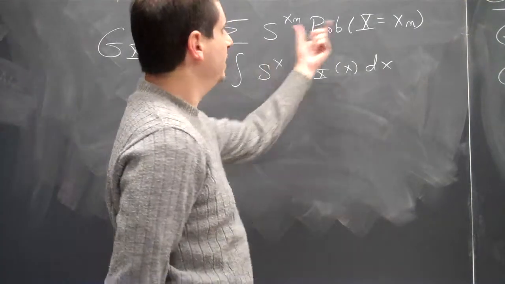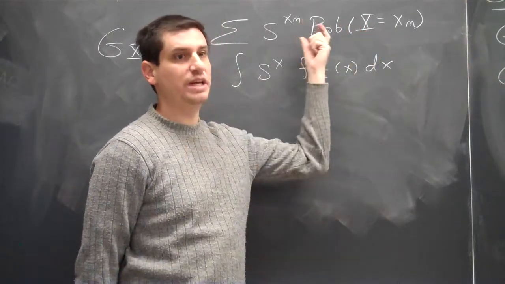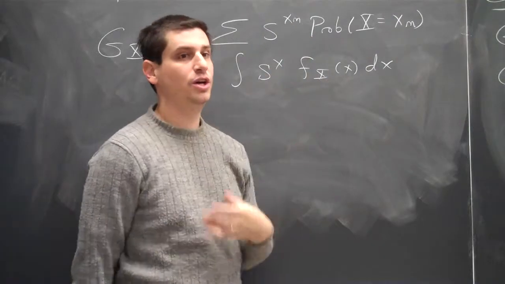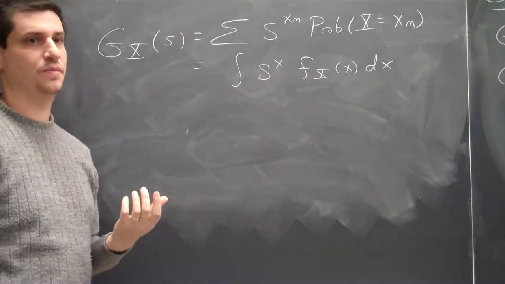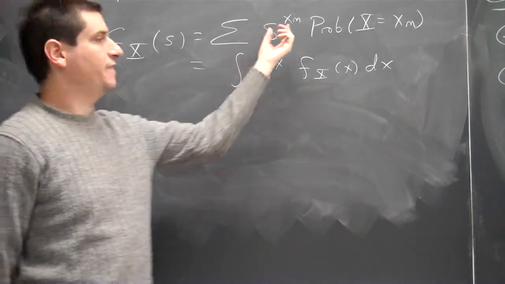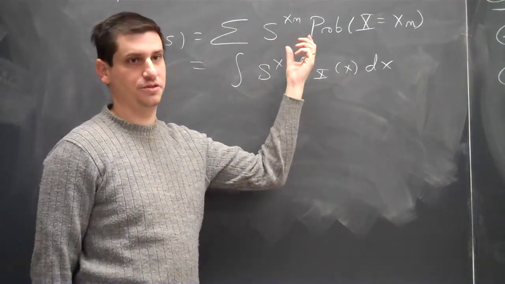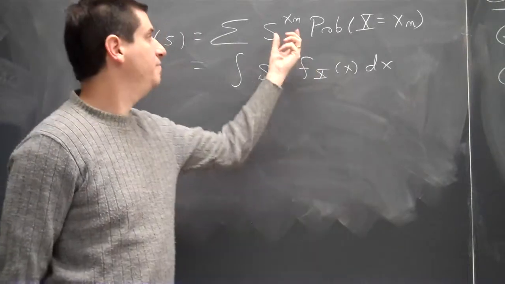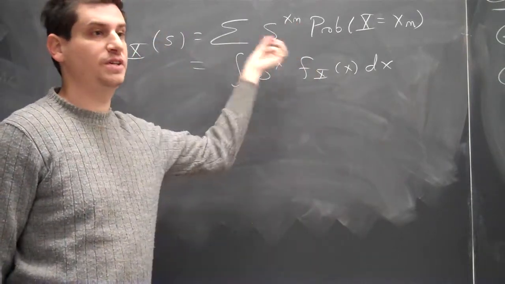Now if we want to analyze this sum, it's really nice if x_m only takes on non-negative integer values. What would be annoying if x could range over all the integers? So what if x_m goes from minus infinity to infinity?